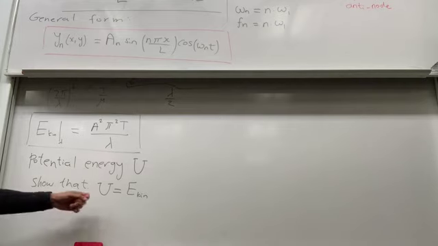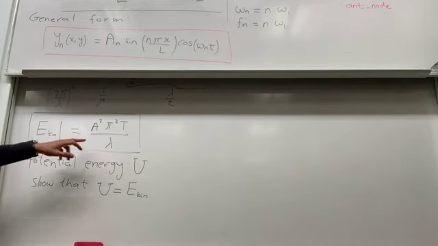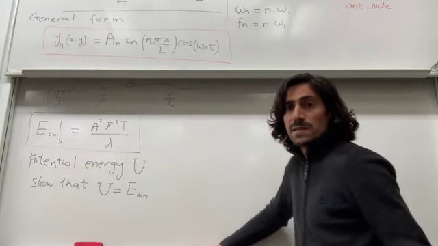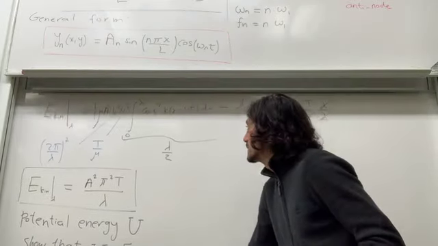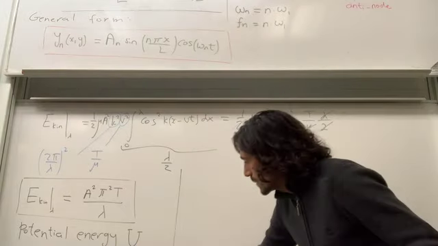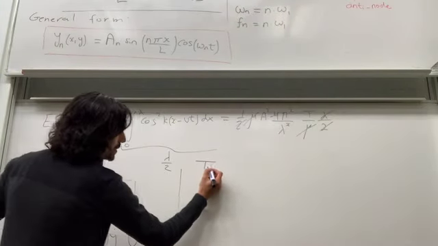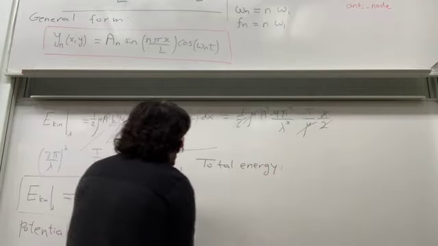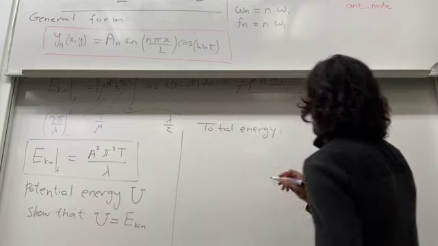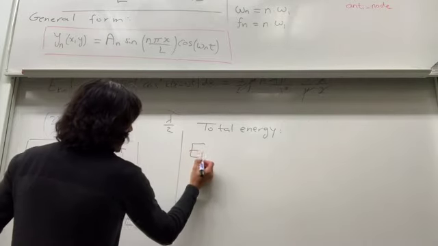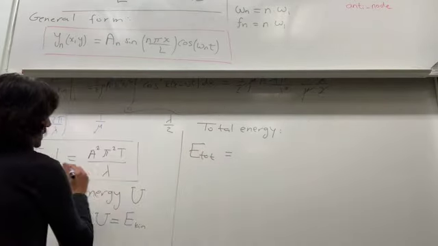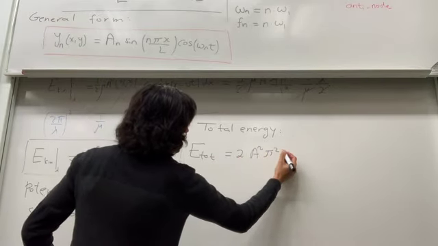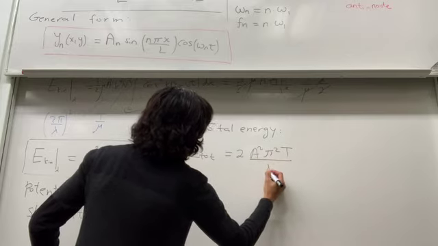So if you derive the potential energy, you should get the same result here. So now we know the total energy in the system. This is for the traveling wave. So for the traveling wave, the total energy is twice this. So the total energy is 2 times A squared pi squared T over lambda.